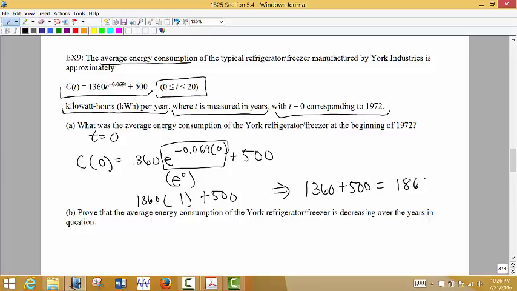It turns out to be 1860 kilowatt hours per year. That was the average energy consumption of a refrigerator freezer in 1972.